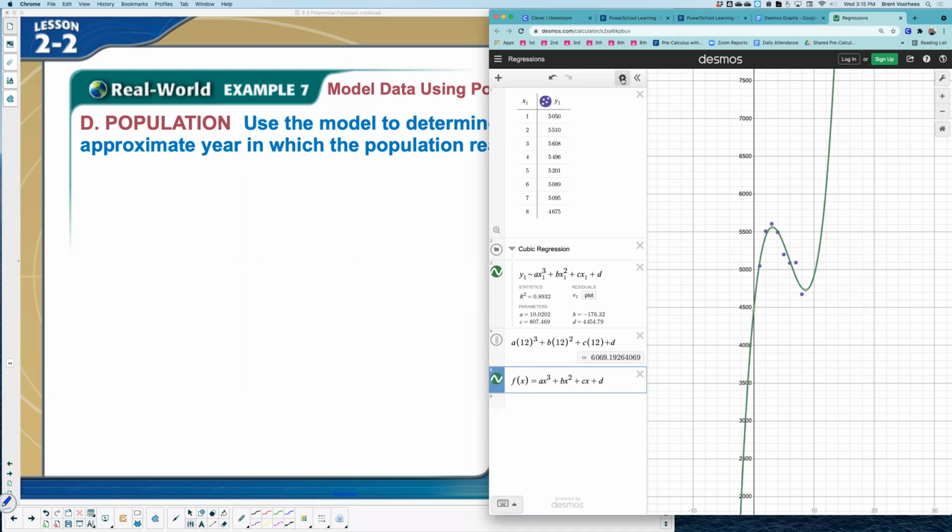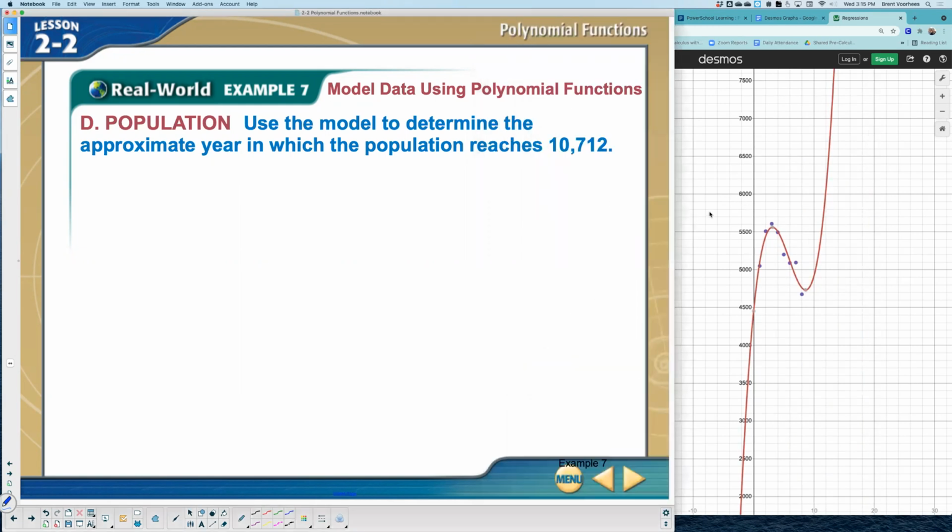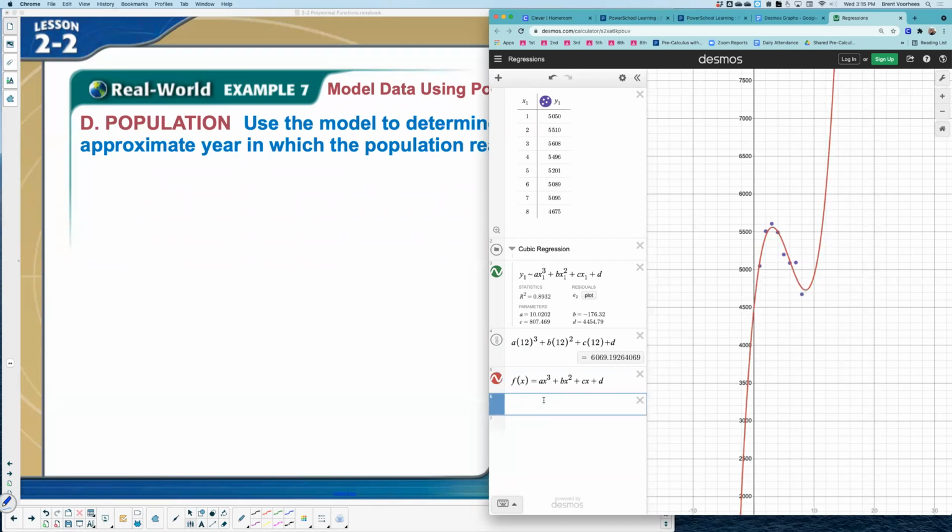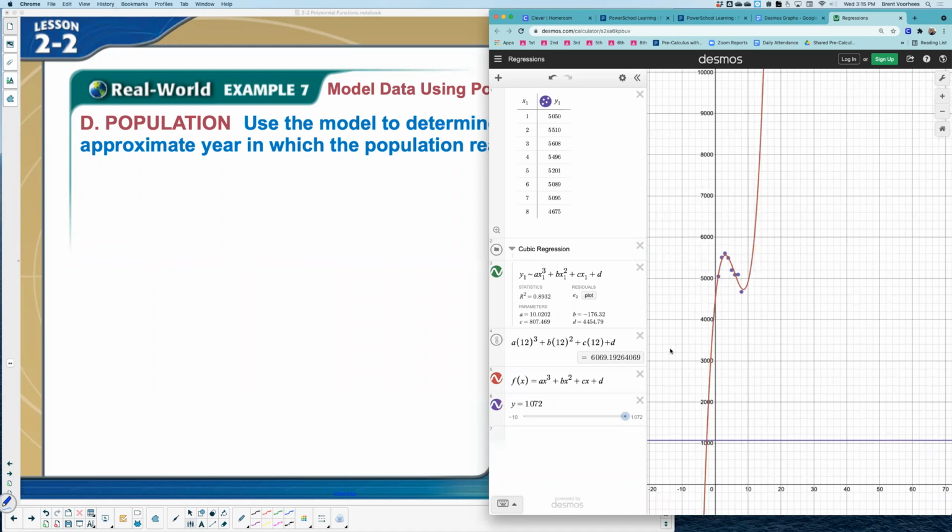When you look at this graph, notice this is the answer that we have. That's why it's highlighting perfectly over that. We want to know when that's going to equal the y value of 10,712. So I'm just going to do y equals 10,712, and look at what year it would be when they cross.